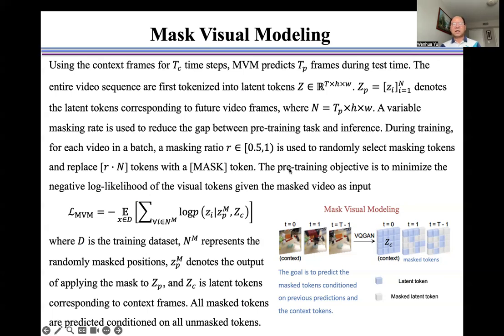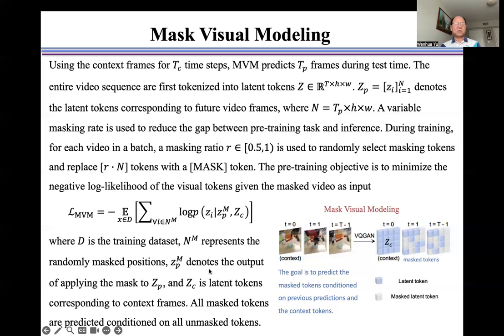The pre-training objective is to minimize the negative log likelihood of the visual tokens given the masked video as an input, as shown here. Where D is the training dataset, NM represents the randomly masked positions.